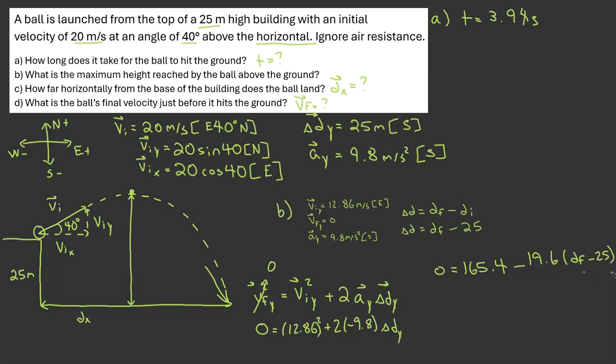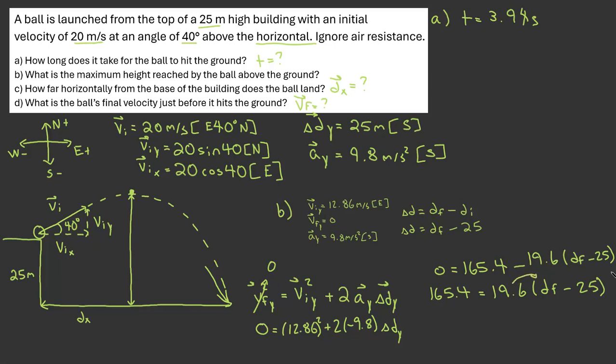Okay? I'll rearrange this again so that I get 165.4, right? If I move this over, then I'll just have 19.6 times df minus 25. And then I can factor this in, rearrange, and solve for df.